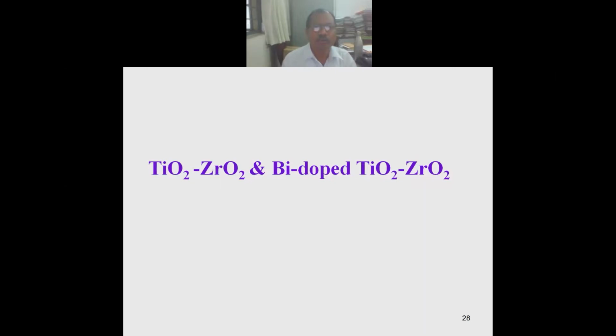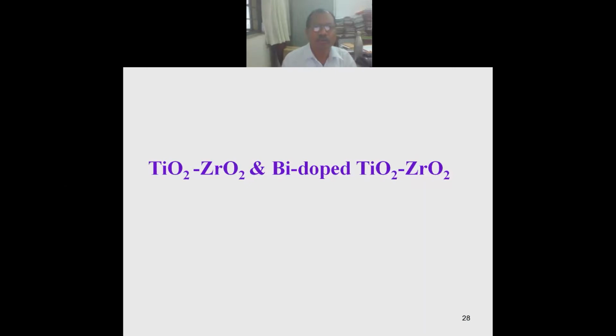This is another system, TiO2 and ZrO2. TiO2, we know, is anatase and UV active. And ZrO2 is a higher band gap semiconductor, with a band gap of 4.6 eV, an N-type semiconductor, and it has high surface acidity.